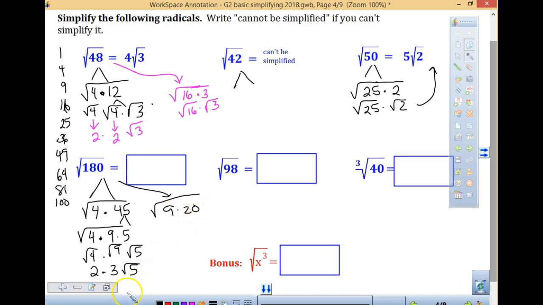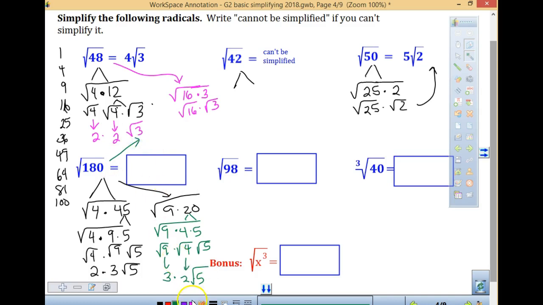If I do it this way with the 9, I have square root 9, and 20 can be factored how? 4 times 5, right? So I get the square root of 9 times the square root of 4 times the square root of 5. If you wanted to write it one more time, you could have said square root of 3 times 3, but the square root of 9 is 3. The square root of 4 is 2 times the square root of 5.